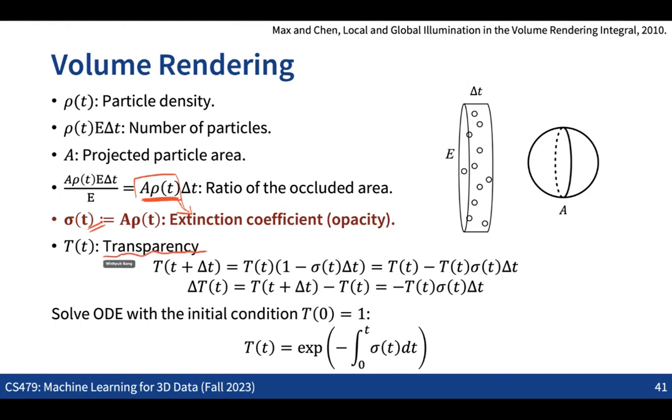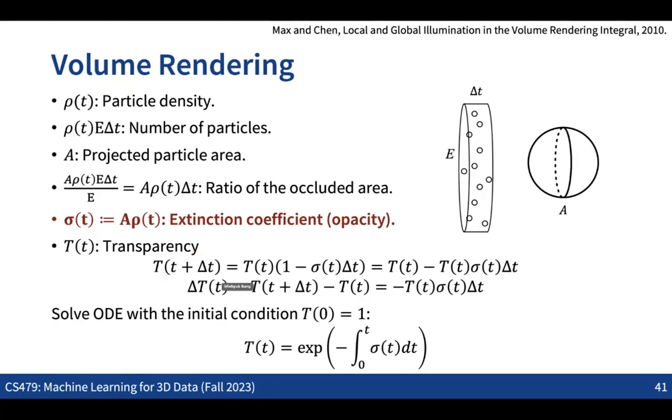The transparency after t plus delta t can be computed by multiplying these two terms. The transparency means how likely the ray will not make any interactions with the particles until this point, right?